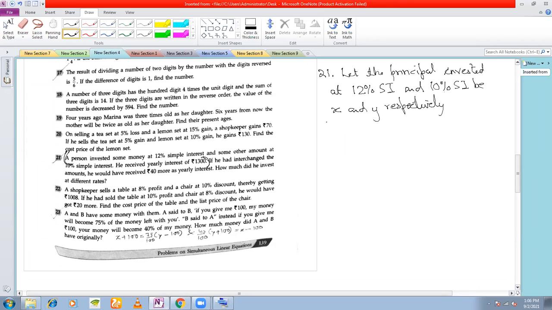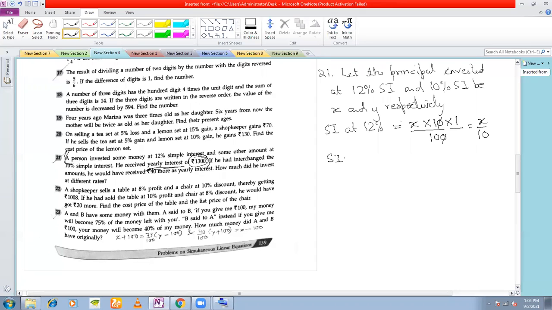So what is the simple interest at 12%? How much interest will he get? Principal into rate into time. Time is 1 year, because he is receiving yearly interest. So for 1 year he is receiving 1300 interest in both the amounts.